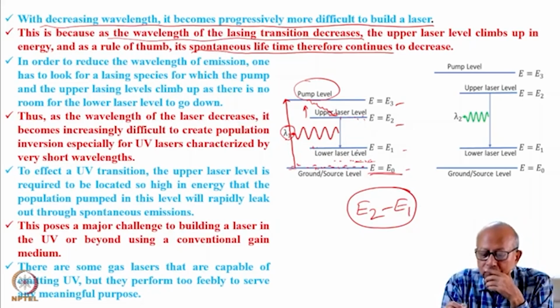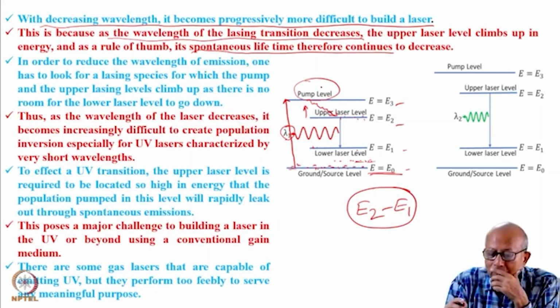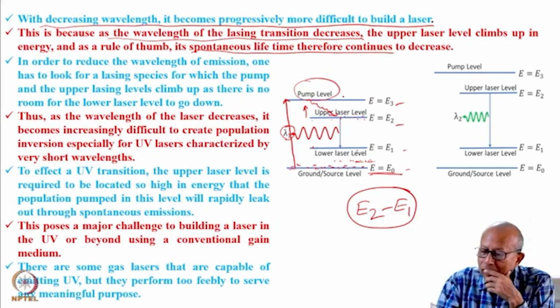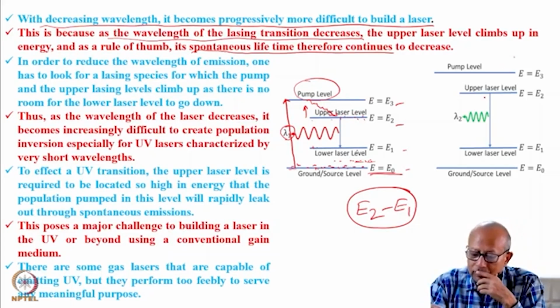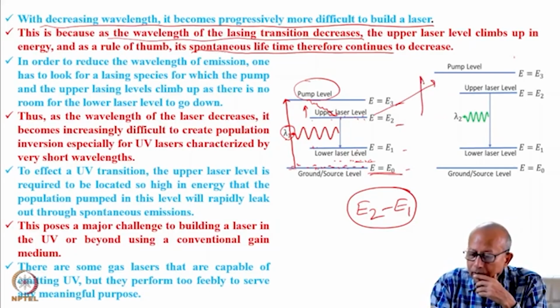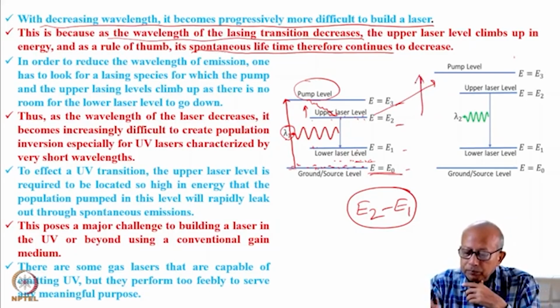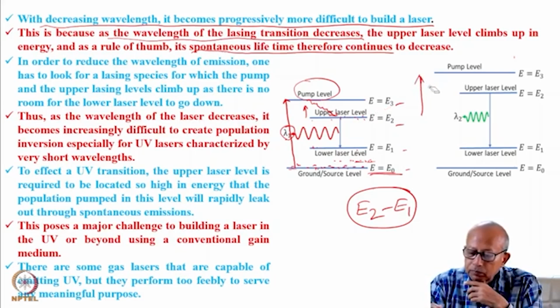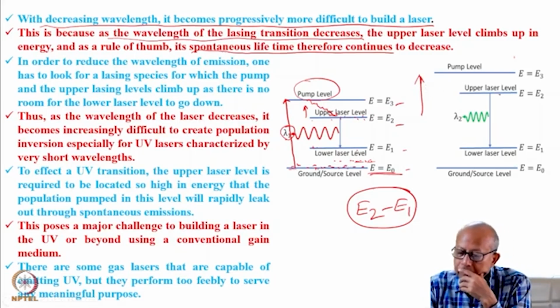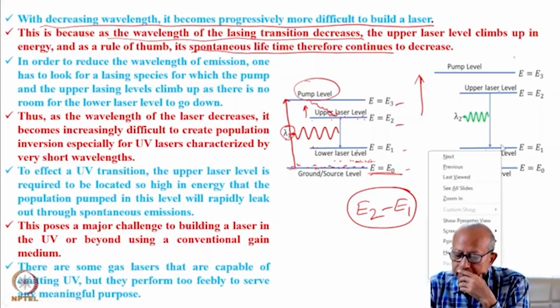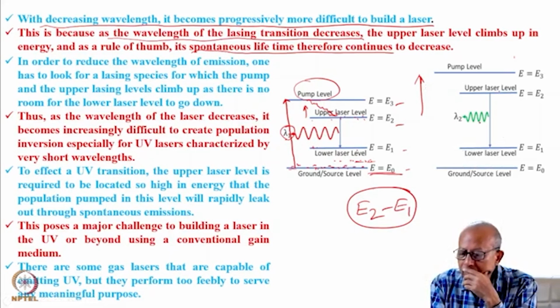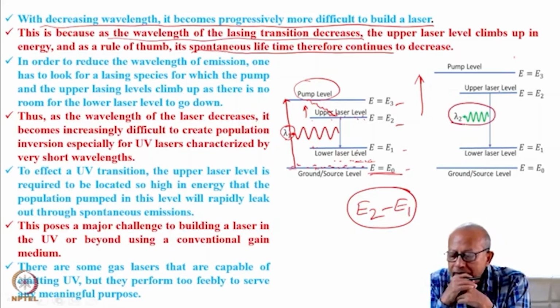So the other option is to take it up in energy. So take both the pump level and the upper laser level up. This is shown here. You have taken them up. So the gap has increased, and now this transition is giving light at a shorter wavelength compared to this.